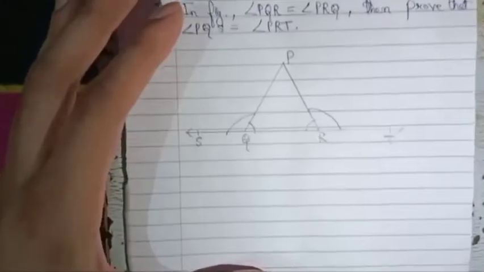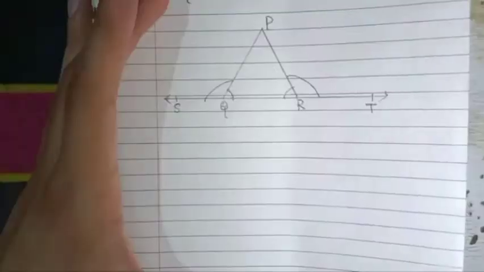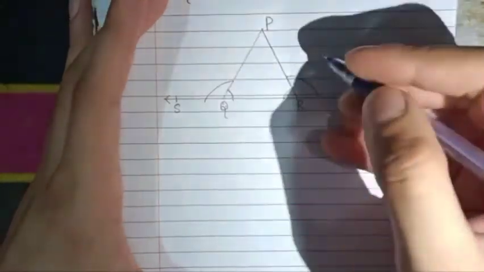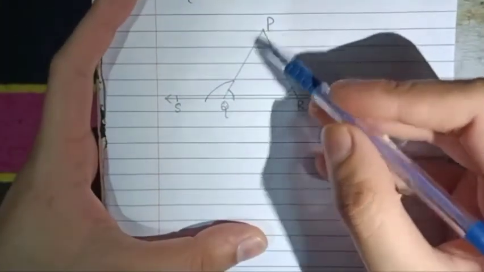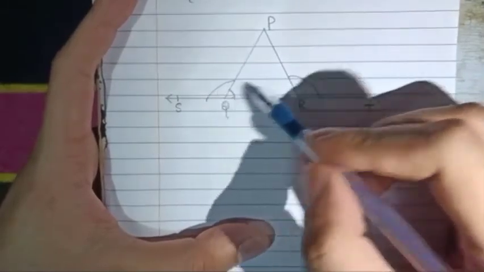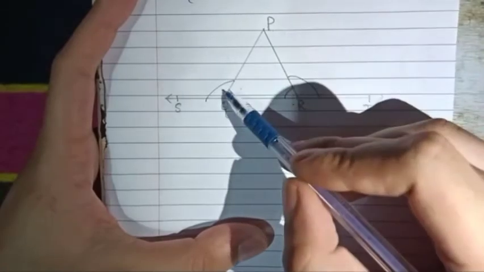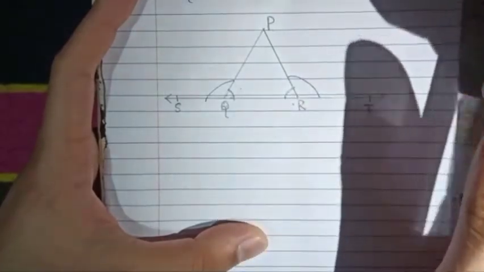Now what we are going to do in this question, first of all we will apply the linear pair property. That means angle PQR and angle PQS are linear pair. These two angles are linear pair, so their sum should be equal to 180 degree.